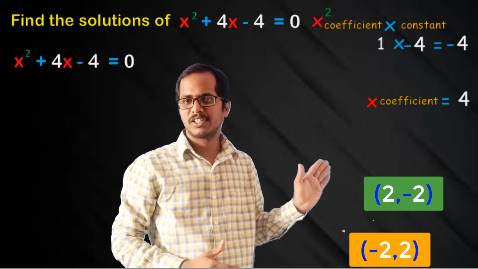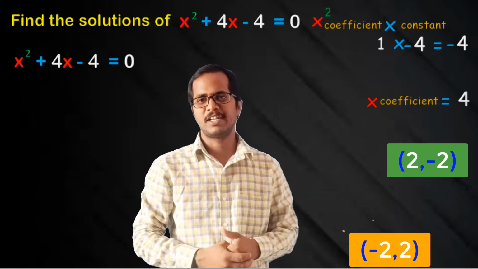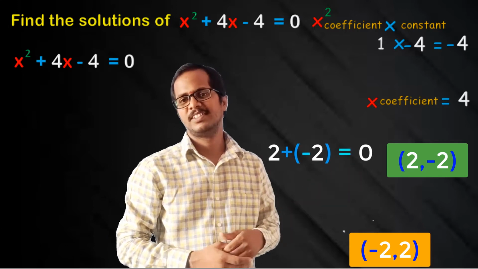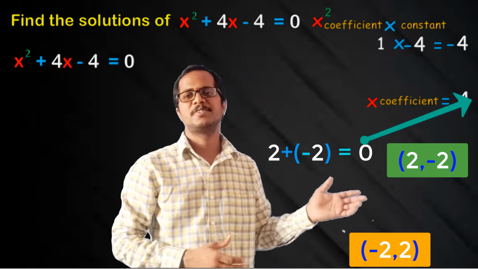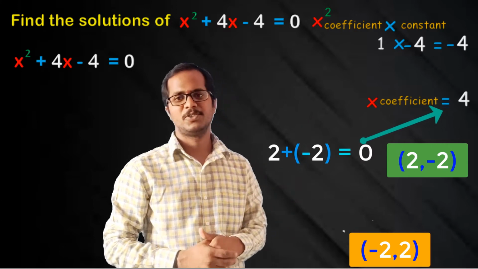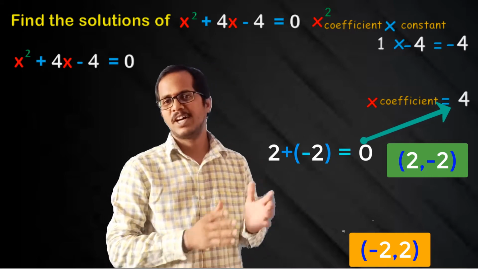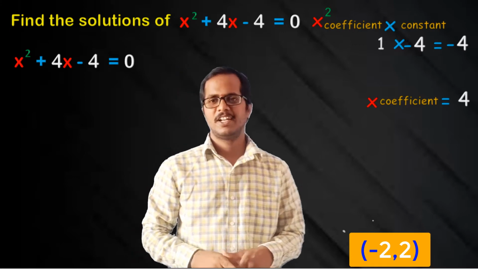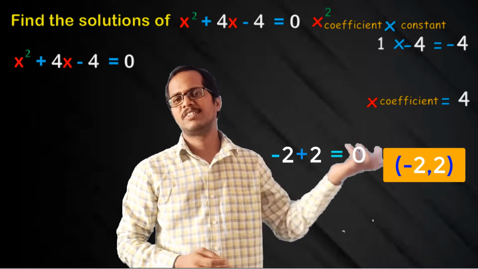We have 2 comma minus 2, and their sum, 2 plus minus 2, equals 0. So this sum is also not equal to the x coefficient, that is 4, and we do not consider this pair in this situation. Now the last pair, minus 2 comma 2, whose sum is also 0.